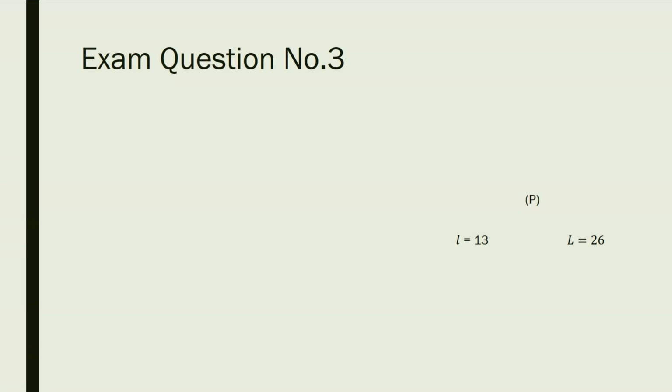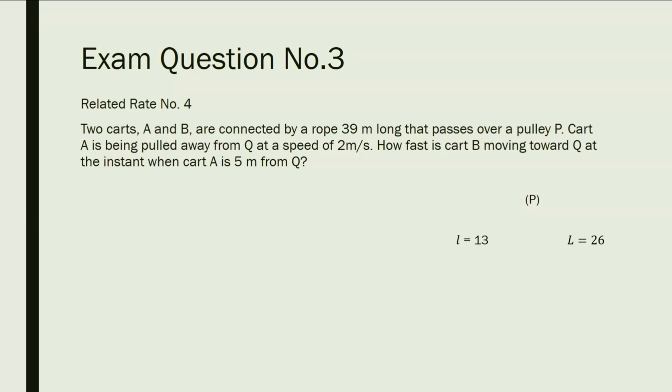Before we close this chapter, let's take a look at one of the exam questions. Our exam question number 3 was from related rate problem number 4. The question was, cart A and B are connected by a loop of 39 meters long that passes over a pulley P. Cart A is being pulled away from Q at a speed of 2 meters per second.